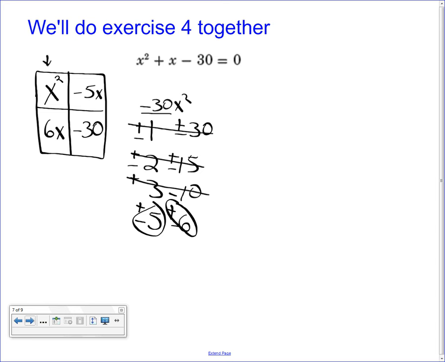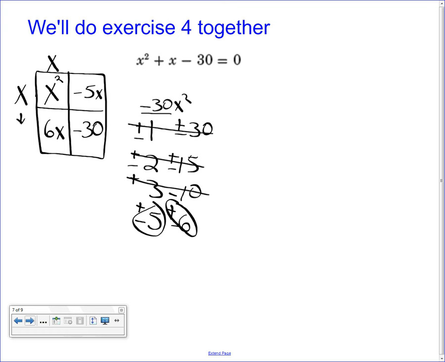Now, let's go up to this place right up here. x squared divided by x equals x. Okay, now we're going to jump down to the bottom, and we're going to work with this number right here. 6x divided by x is 6. That's a positive 6.